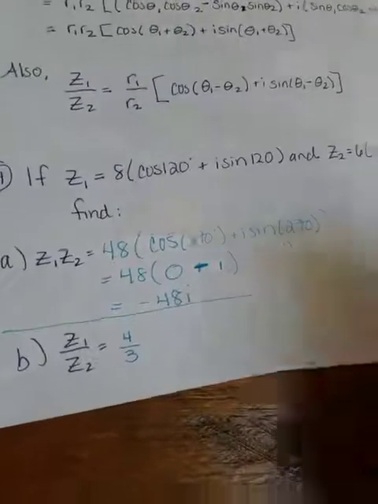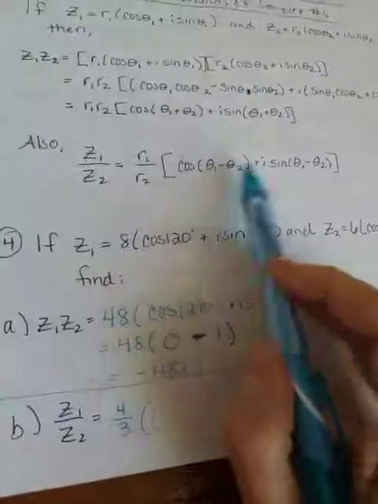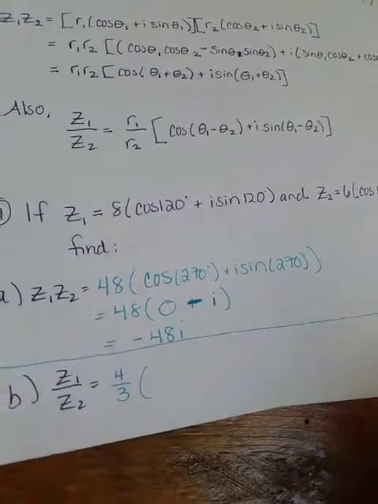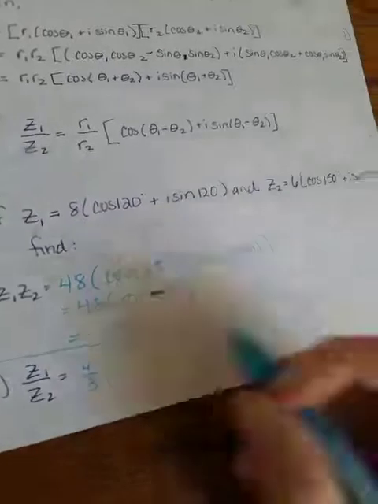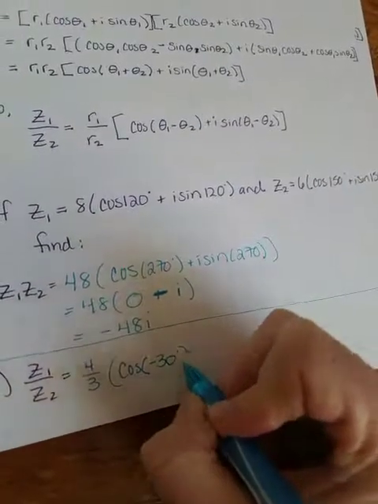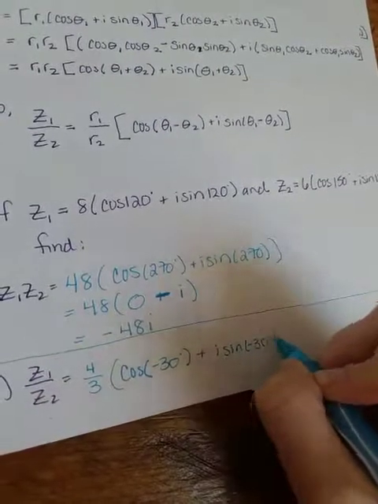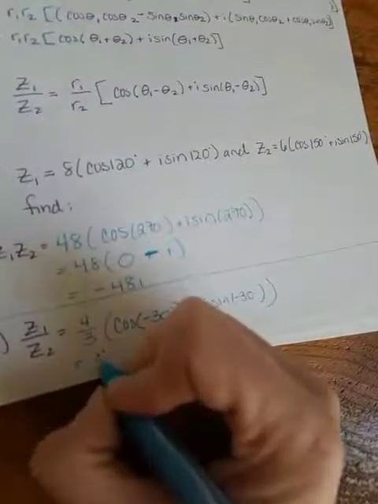So 4/3. And then based off of the division formula, we're subtracting them, theta sub 1 minus theta sub 2. So 120 minus 150, that's going to be cosine of negative 30 degrees plus i sine of the same thing, negative 30 degrees. Okay, so I didn't leave myself much room.